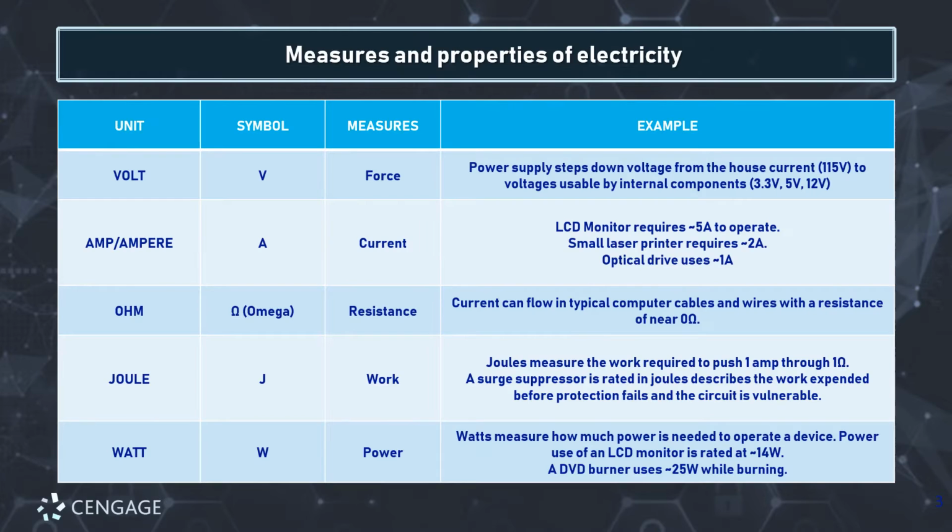So first things first, we're going to talk about some measures and properties of electricity. Electricity, of course, being the big danger whenever you're working with electronic equipment. By itself, unpowered, usually it's not too dangerous unless it's very large, and then of course there's danger of things falling.